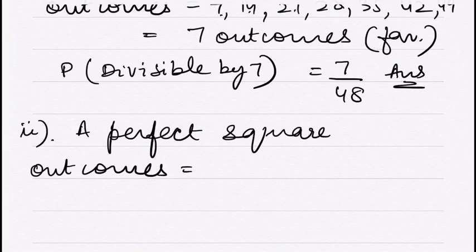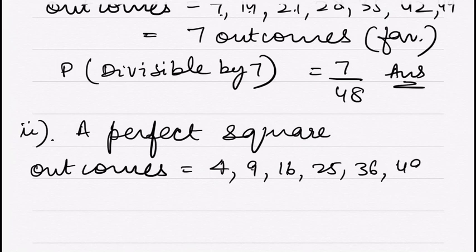So which outcomes will be perfect squares? 1 is not there, so I will not include that. I will start from 4, then 3 square is 9, 4 square is 16, 25, 36, and 49. So 2 square, 3 square, 4 square, 5 square, 6 square, 7 square.